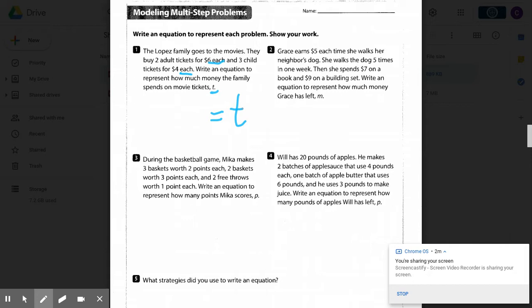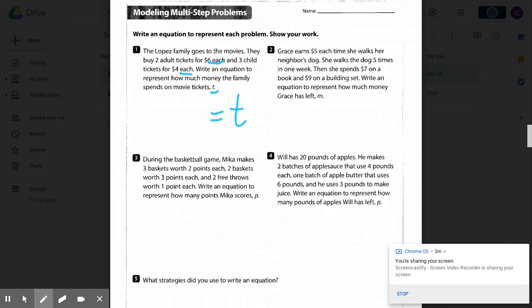We are going to use addition at some point, but when I see $6 for each ticket and 2 adult tickets, I am going to use multiplication. We can go back through and show this a different way, but the first way I'm going to show you is multiplication.